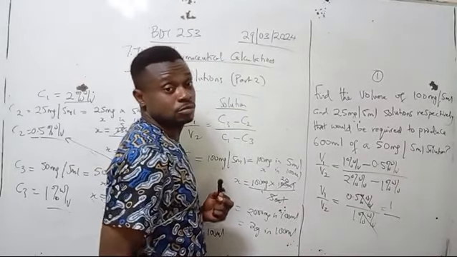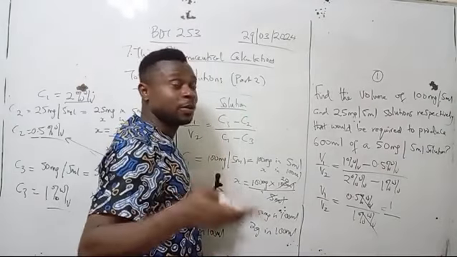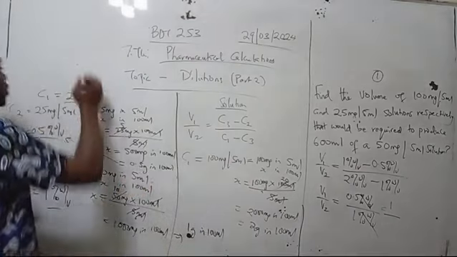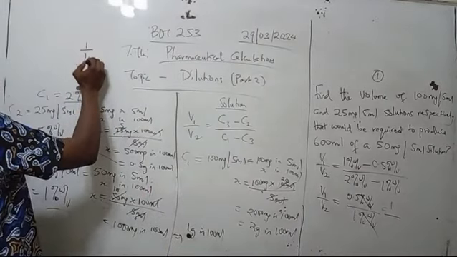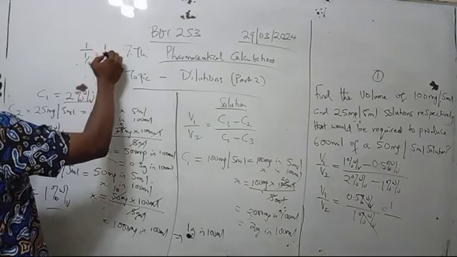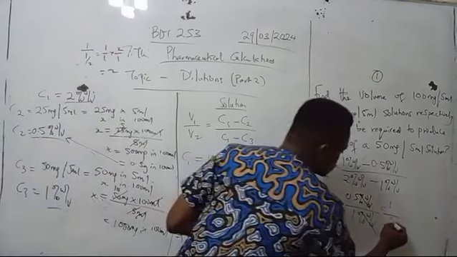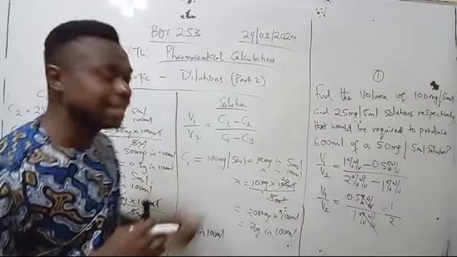So what it means is, at any point in time, the volume of the first solution is always half of the volume of the second solution. Or the volume of the second solution is twice the volume of the what? First solution. So we've gotten the ratio of the first volume to the second volume. That's what we succeeded in doing here.